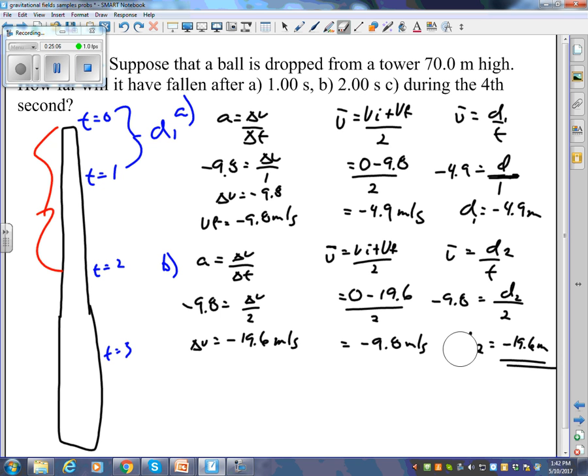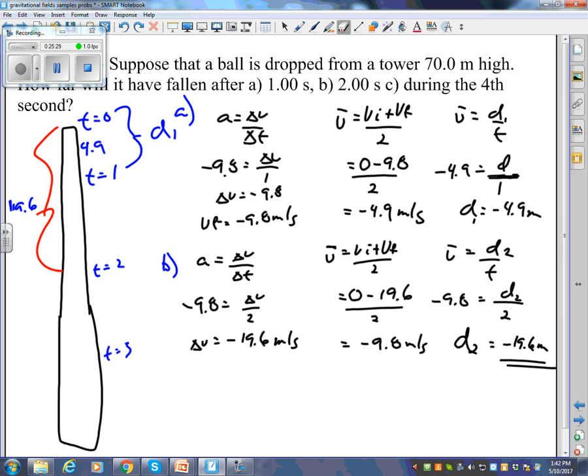Let me just clean that up. I just want to talk about this for a second. After 1 second, it fell 4.9, and the total distance over here is 19.6.